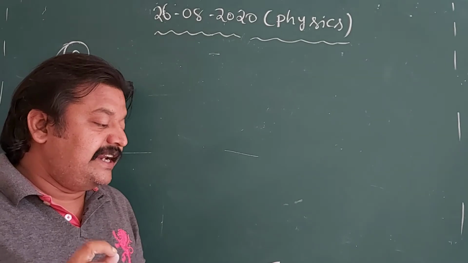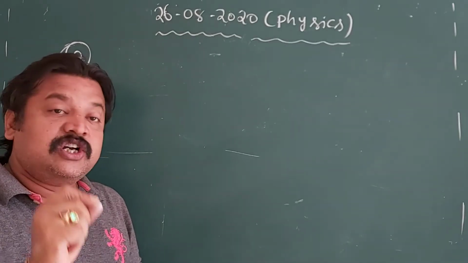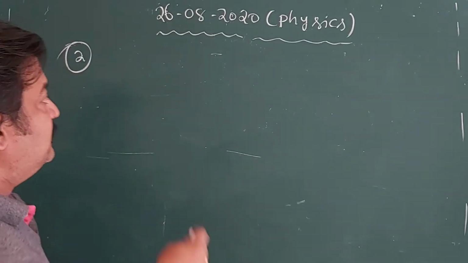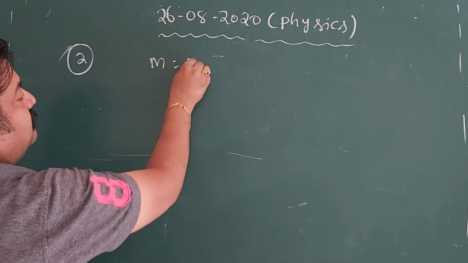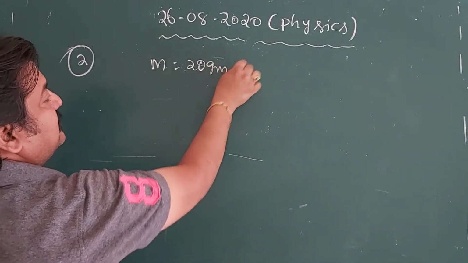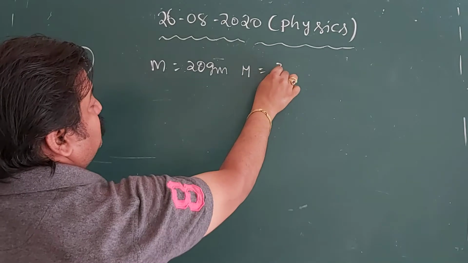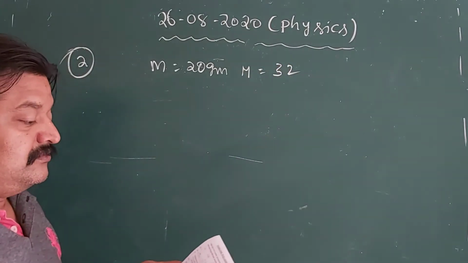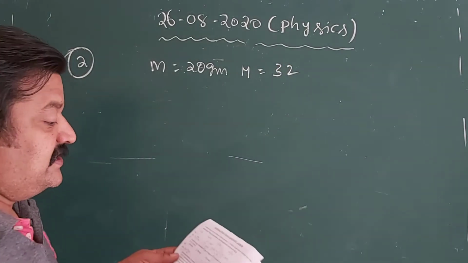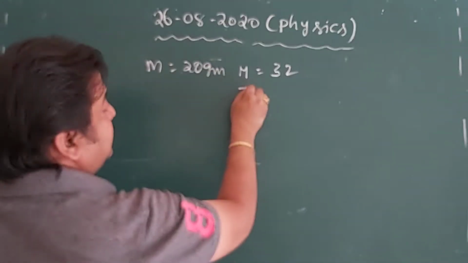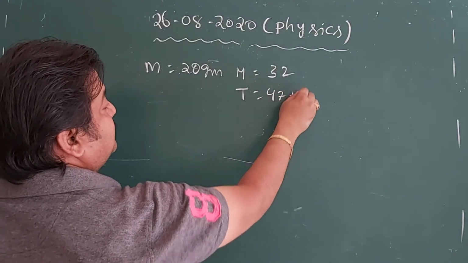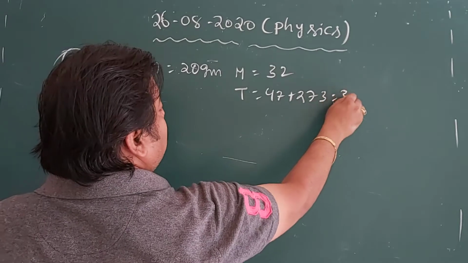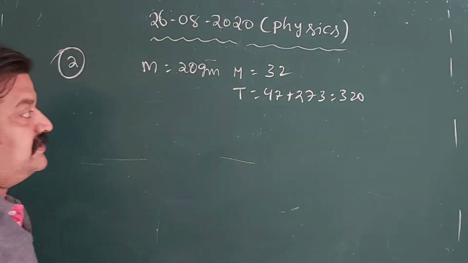The kinetic energy of translation of 20 gram of oxygen. 20 gram means small m, 20 gram oxygen, capital M for O2 is 32, at 47 degrees Celsius, that is T is 47 plus 273, that is equal to 320 Kelvin.